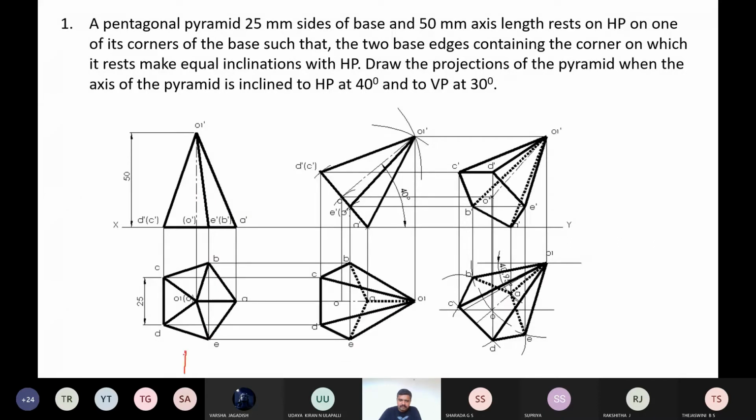Now corner E is nearer to the observer, whereas corner B is farther, and B becomes invisible. So B dash is inside the brackets because it is an invisible corner from the front. Next, in D and C, D is nearer to the observer and becomes visible, whereas C becomes invisible. Then I will project the points and I will get the front view.